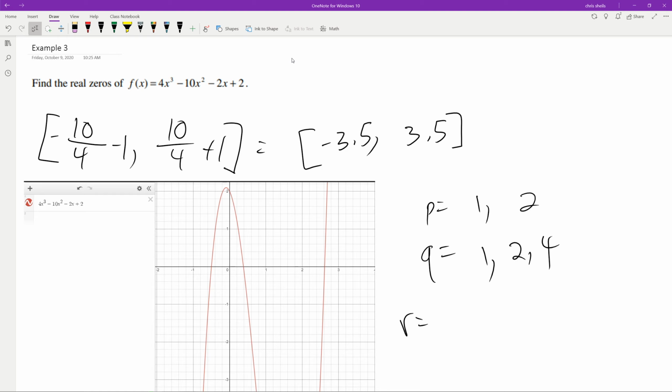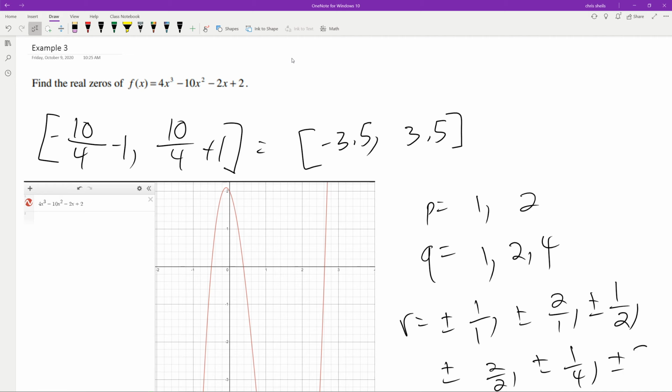So this means r is plus or minus 1 over 1, plus or minus 2 over 1, plus or minus 1 over 2, plus or minus 2 over 2, plus or minus 1 over 4 and plus or minus 2 over 4.